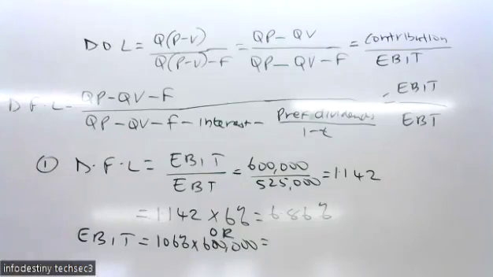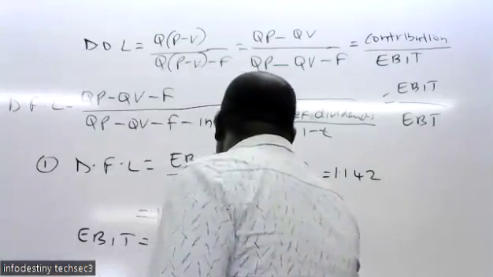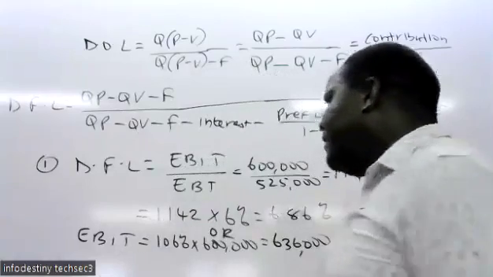So confirm to me, when you take 106% of 600,000, it will be how much? So you get 636,000. That's now what you are given.